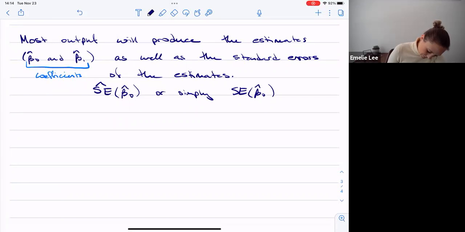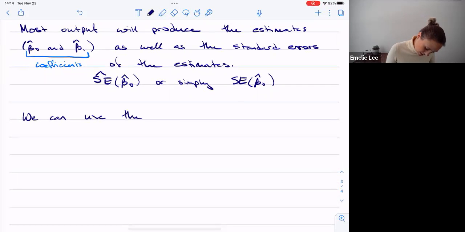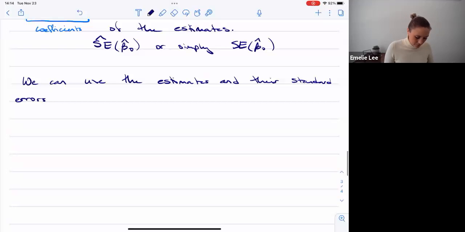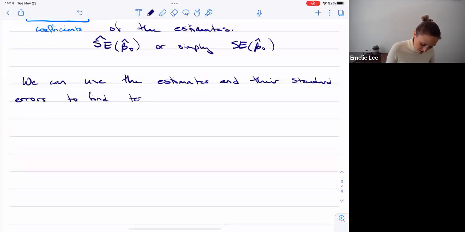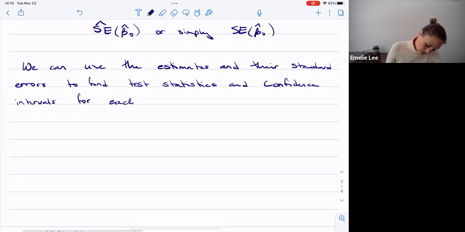So we can use the estimates and their standard errors to find test statistics and confidence intervals for each of the coefficients.